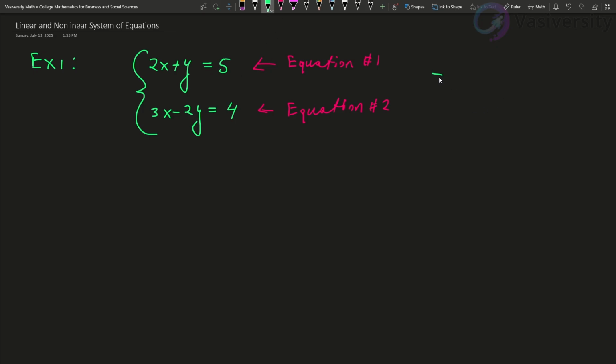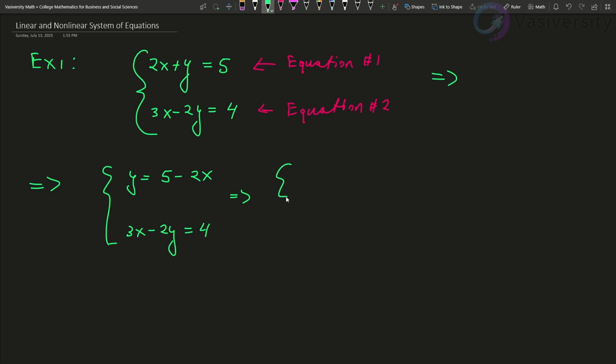In the first equation, let's use the first equation. We're going to have y equal to, if we subtract 2x from both sides, 5 minus 2x. And then the second equation still remains the same: 3x minus 2y is equal to 4. Now let's plug the first equation into the second equation.